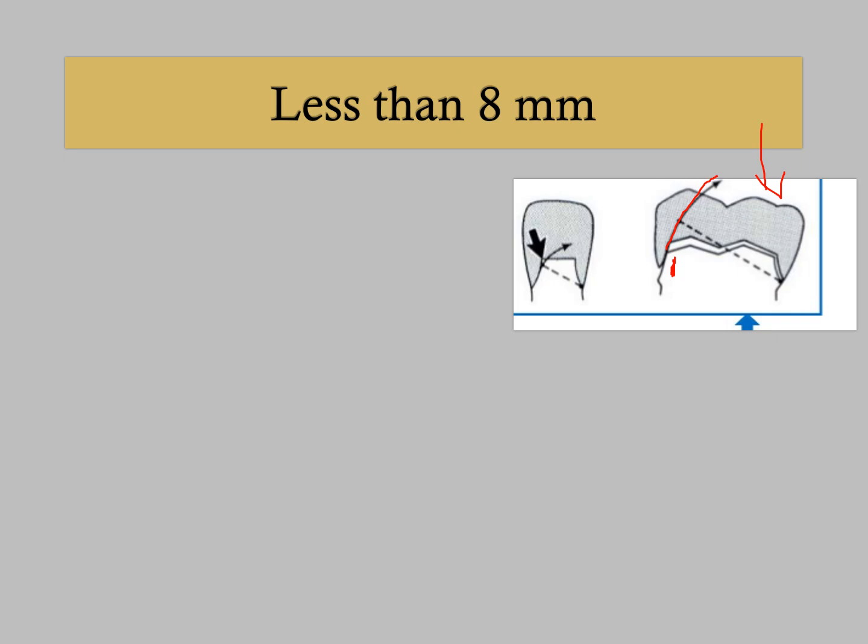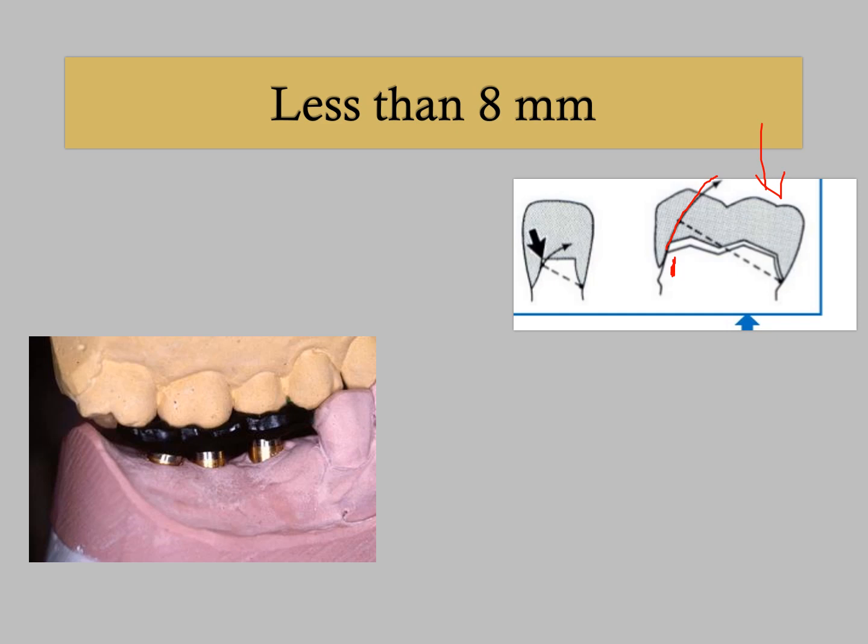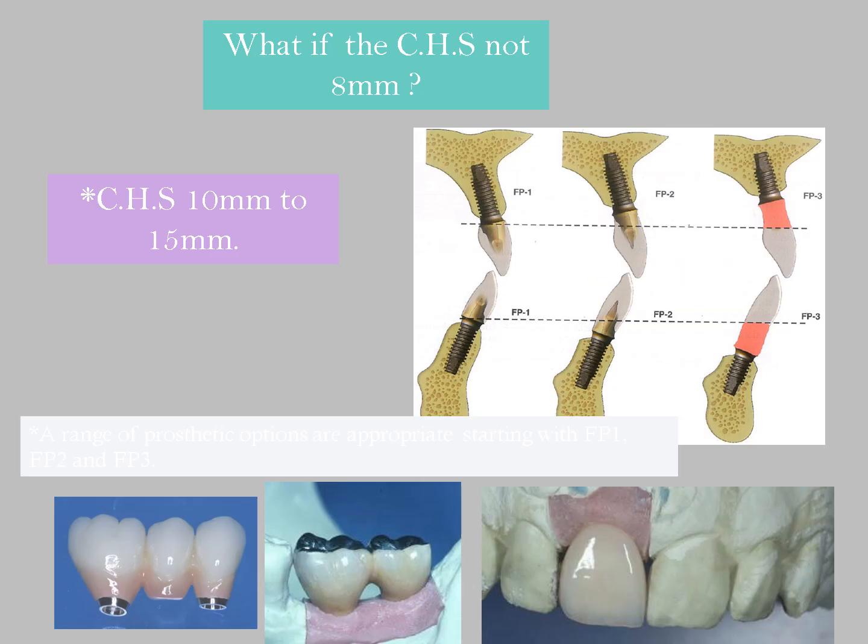But if you have a short crown or divergent crown, this crown will lose retention. So if you have a crown height space of 8 millimeters, that will lead to less retention, the crown will move or be non-retentive, and the cement will not hold. So if you have a short crown height space of 8 millimeters, go for screw retained, don't go for cement retained.